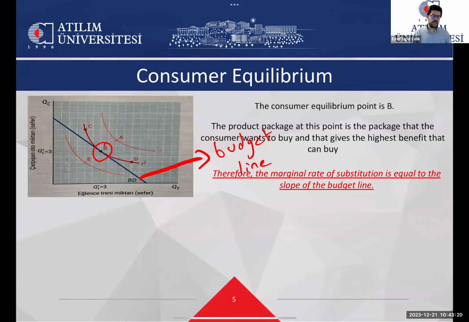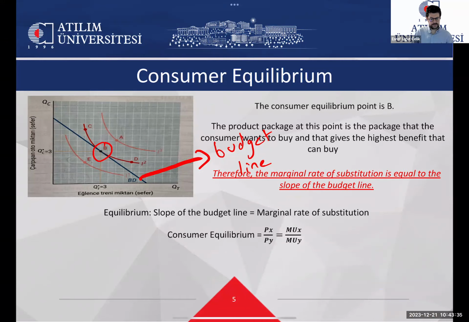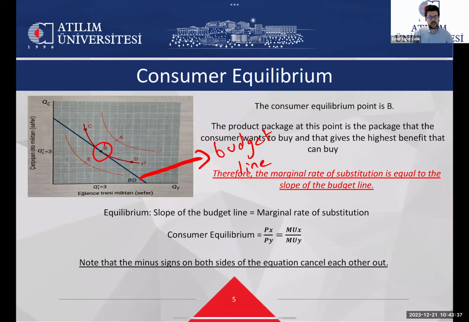And at point B, the marginal rate of substitution, MRS, equals the slope of the budget line. I'm not gonna give detail here, but we talked about it in the lecture. And that point, for getting the highest utility, point B, is called consumer equilibrium.